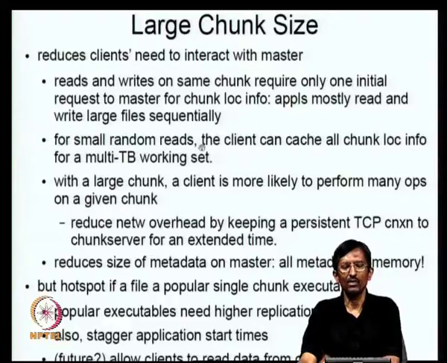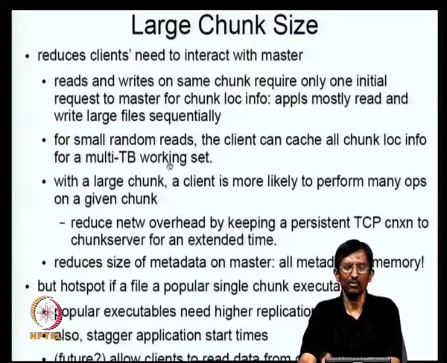For small random reads, the client can cache all chunk location information even for a multi-terabyte working set. Because the size is big, you can cache all the information even for a multi-terabyte working set, okay. Because each chunk is 64 megabytes, even for a multi-terabyte working set the number of chunks is going to be manageable.